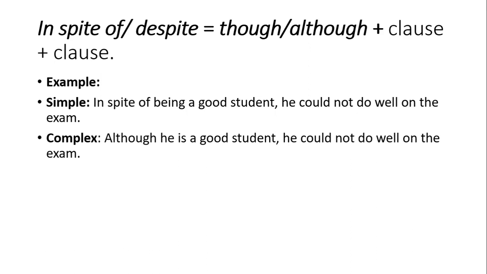Here is the answer: although he is a good student, he could not do well in the exam. Firstly, we have written although, or you can write though here, and then a clause, and after that another clause.